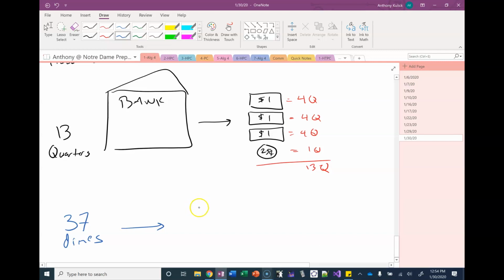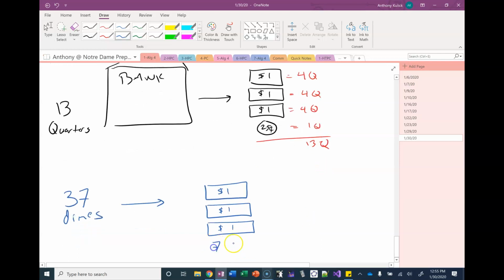What are we getting back here? $3, and not 7 cents, 7 dimes. So I'm going to get $3 in bills and 7 dimes back, right?